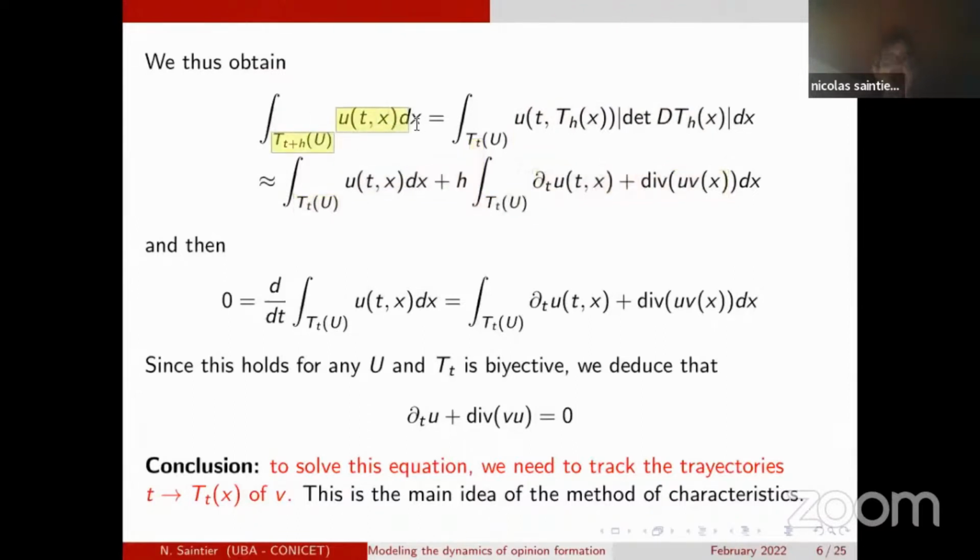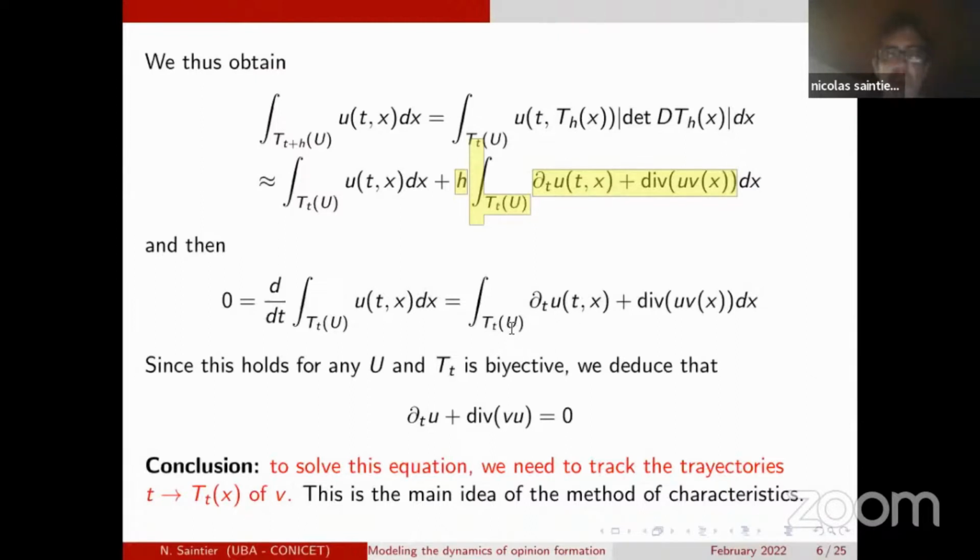The total mass at time t plus h is the total mass at time t plus another order h term. And this term of order h is exactly my derivative. And which says that this derivative should be 0 just to express that mass is conserved. Okay, if there is no creation or destruction of mass.